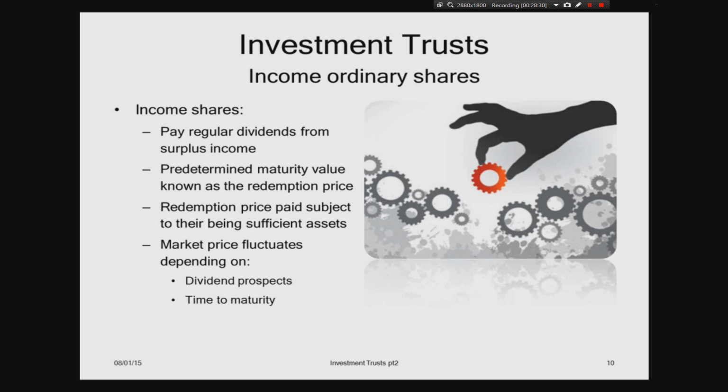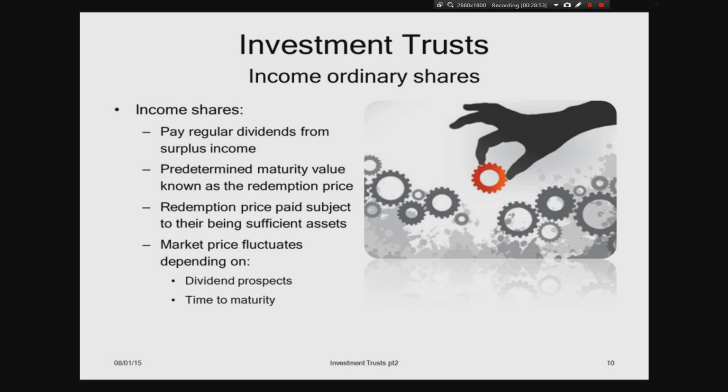They also have a predetermined maturity value known as the redemption price, which is typically the same as the par value, that is the nominal value or issue price of £1, although it could be less. So I've invested £10,000, I'm going to get £10,000 back at redemption.